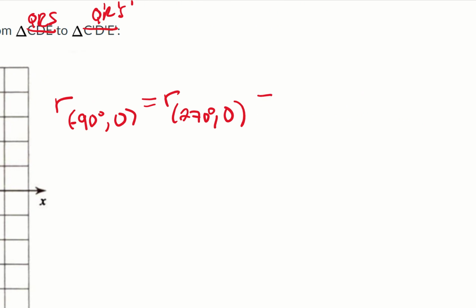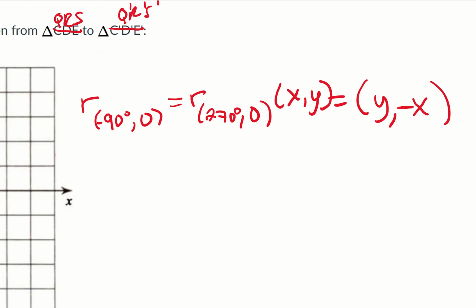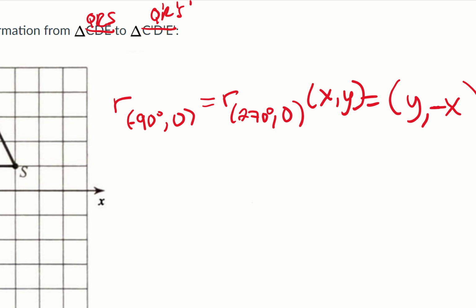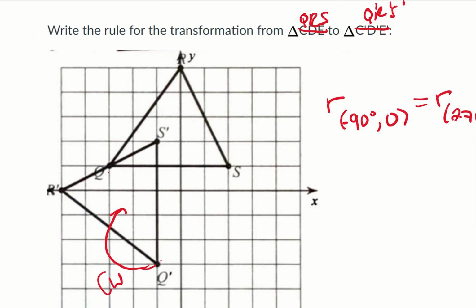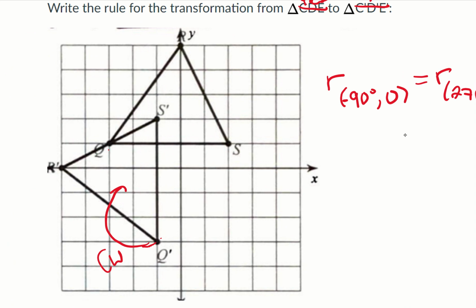Let's recall what the rule for that is: switch the y and the x, and then the second coordinate is negative. So basically the original x becomes negative, which is now the second coordinate. So use that rule for the problem.